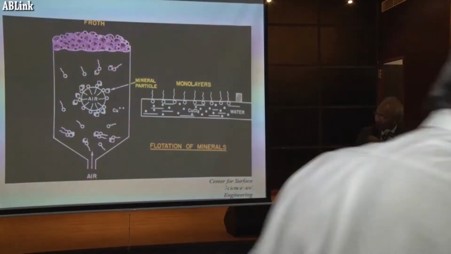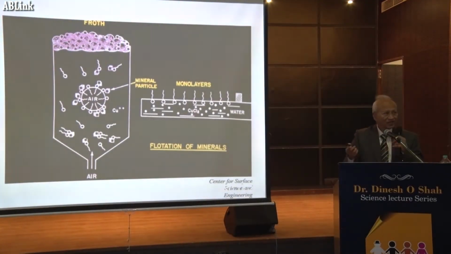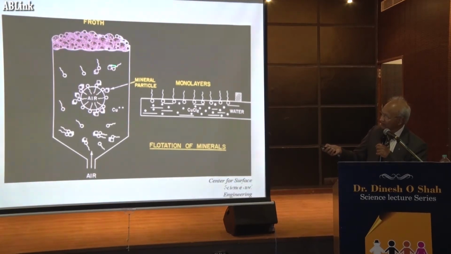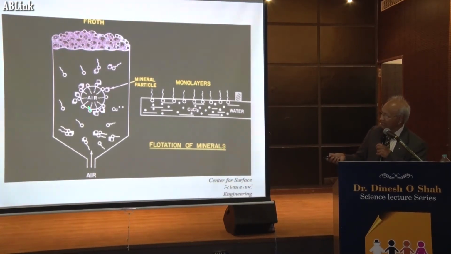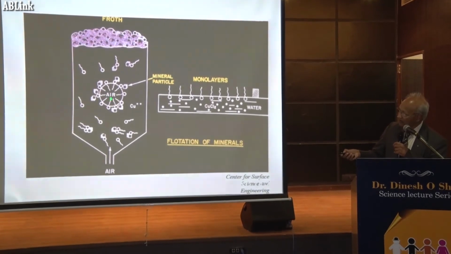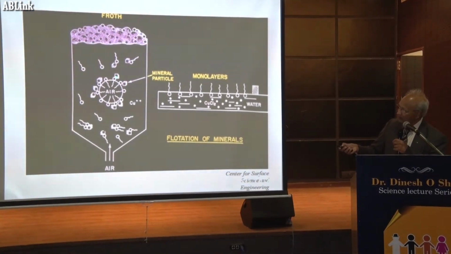And in flotation of mineral like copper or zinc or nickel, if you are extracting, you grind the ore as a fine powder, and then you add right surfactant that binds to this particle, and you bubble the air, and this air bubble, then this chain gets adsorbed on the air-water interface with its bound minerals.